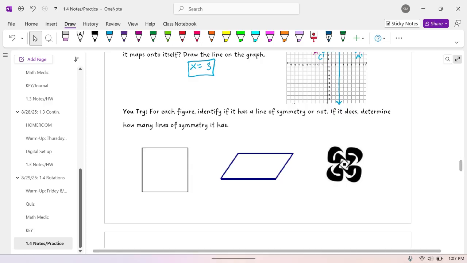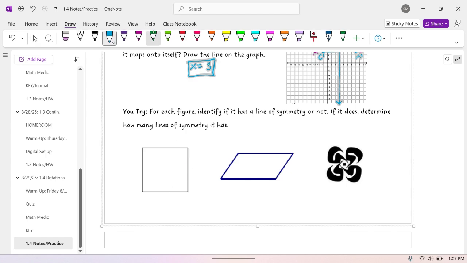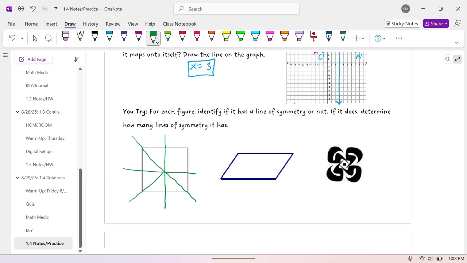Now, we can then just see if a shape has a line of symmetry or not. All right. So our first one here is a square. It has a couple of lines of symmetry because we can definitely cut a square into equal pieces. So here, here, as well as its diagonals. All right.